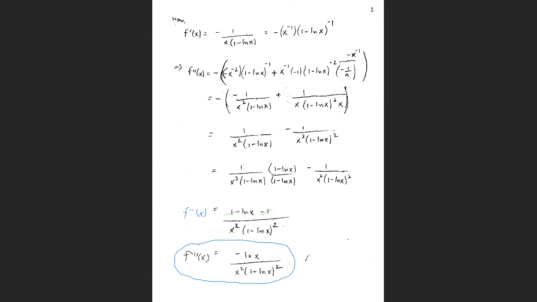It's basically in simplified factored form. So the second derivative is -1 times the log of x divided by the expression x squared times 1 minus log of x squared.